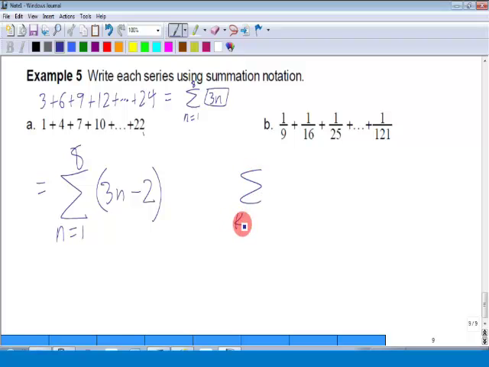We want to go from k equals what to k equals what? We want to go to 11. So if we're going to go all the way to 11, we probably should start. Well, the 11 we're going to put in and get this 1 over 121 using that same expression. What's going to give us 1/9? What number?